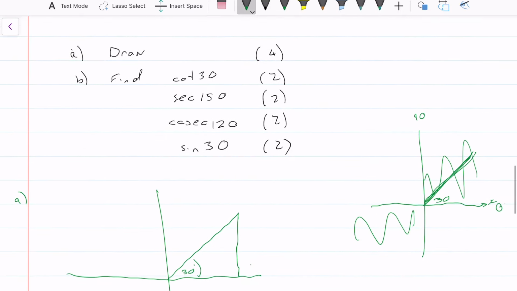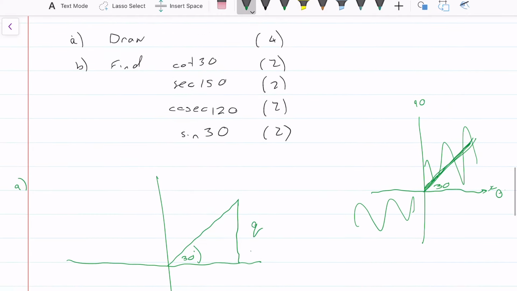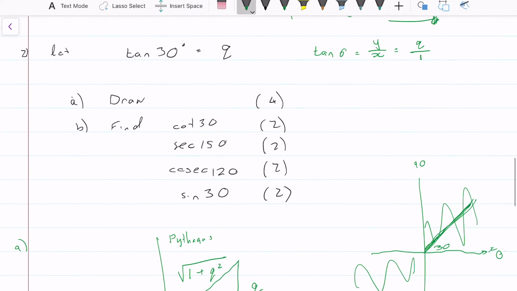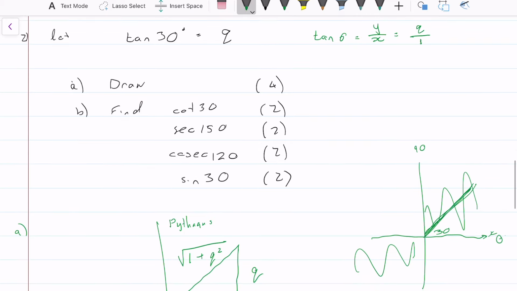Our y value is Q and our x value is 1. Again, using Pythagoras, we can get that the radius is equal to the square root of 1 squared, which is just 1, plus Q squared. Now that we've got a very nice diagram drawn, we can go on to the second question.